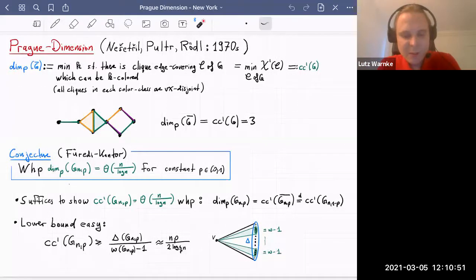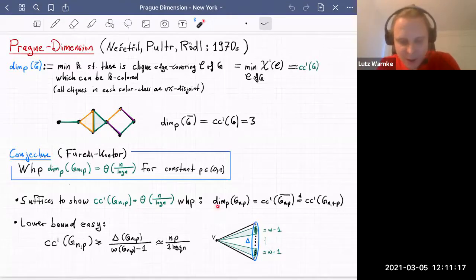Then for constant p, they conjecture that the order of magnitude of this parameter is of order n over log n. Okay, so the key point is that it's sublinear. And to prove this conjecture, just to get used to these parameters like the CC prime and so on, this clique chromatic index, it's enough to show that the clique chromatic index of G(n,p) is of order n over log n. So why is that? Let's just quickly think.